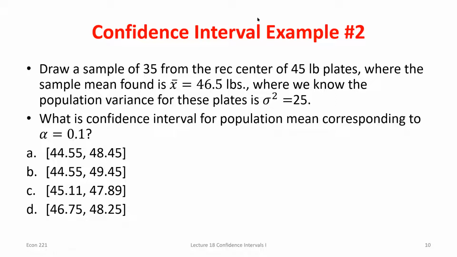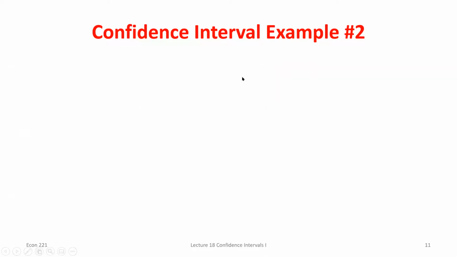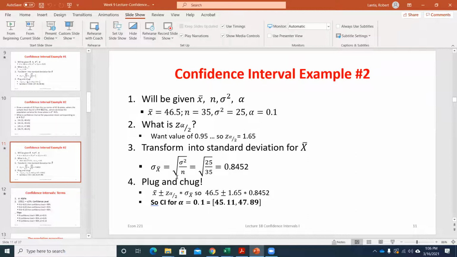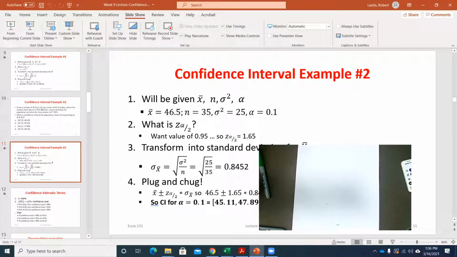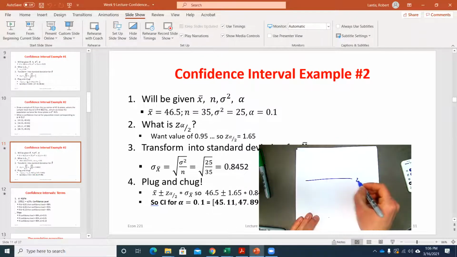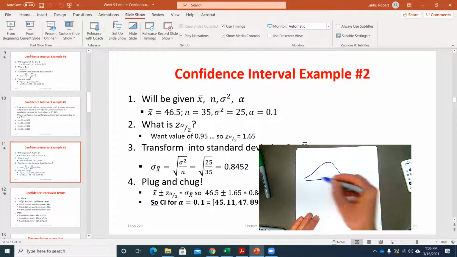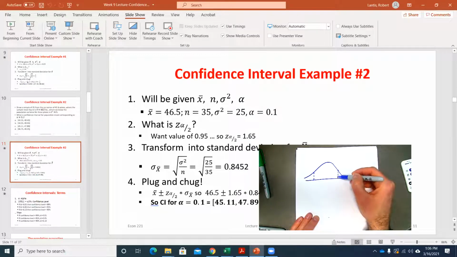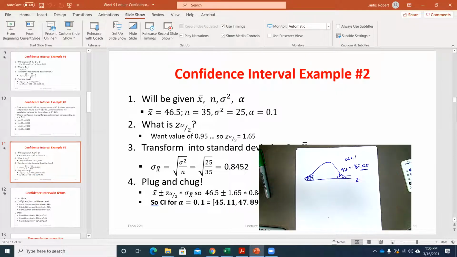Okay. So before we even go to the dot game here real quick, if I want an alpha of 0.1 in my tails, what I'm thinking about is, if alpha is 0.1, each tail has alpha over 2, or 0.05 in each tail.